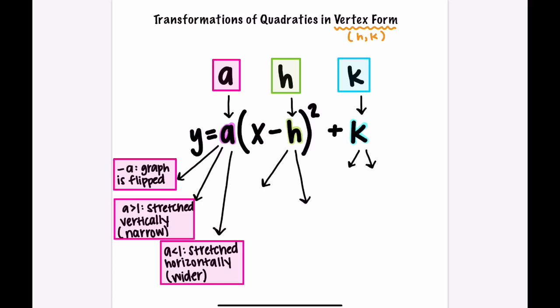If in the parentheses this said x minus 3, this would actually mean you've moved right 3. Whereas if it said x plus 3, this actually tells you that it's moved left 3. So it's kind of the opposite of what you would think for the h value.